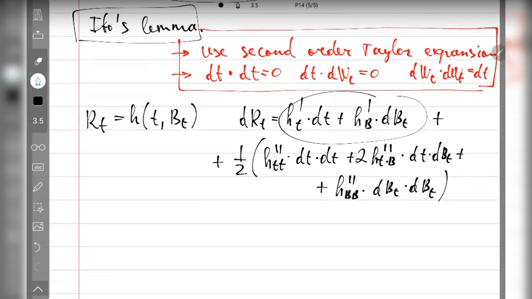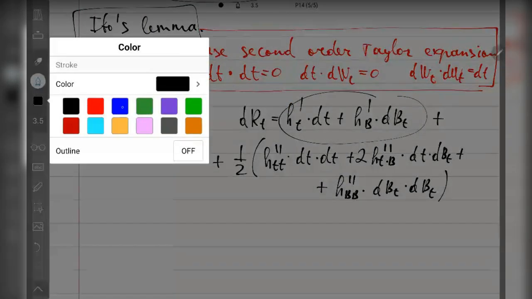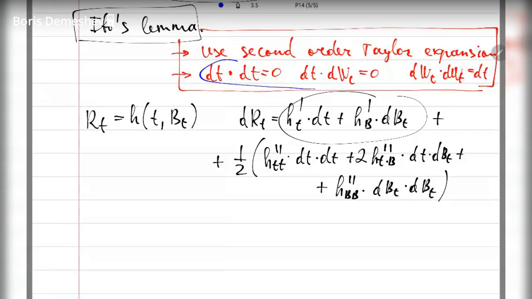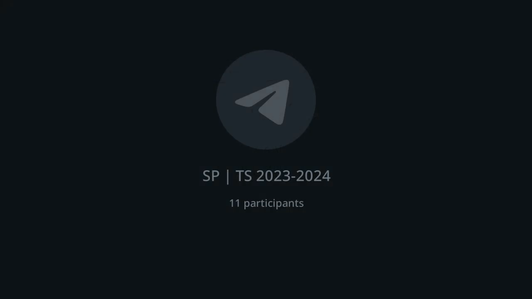Let's simplify this Taylor expansion by using the mnemonic rule that dt times dt is 0, dt times dWt is 0, dWt times dWt is dt. So what will I get?